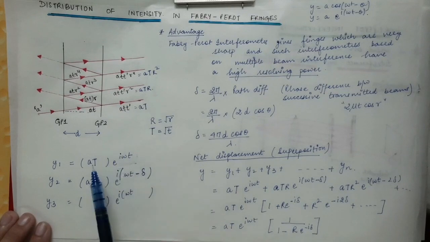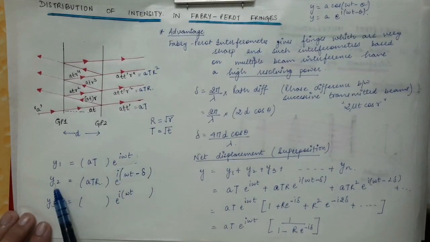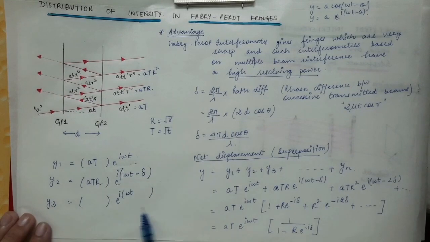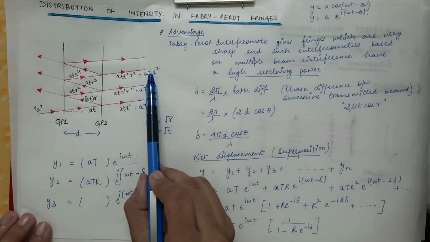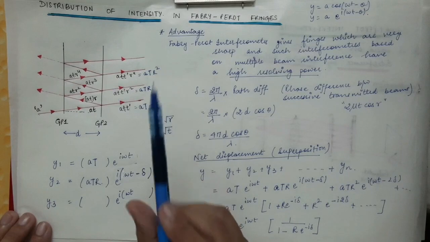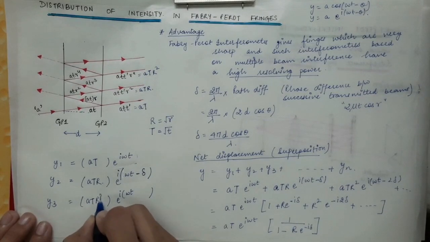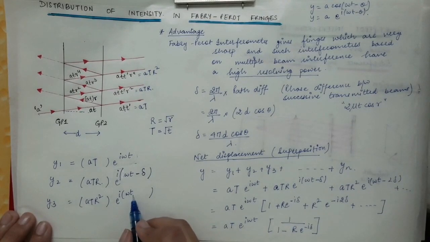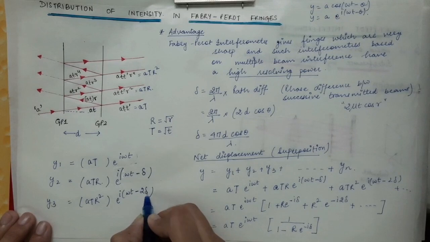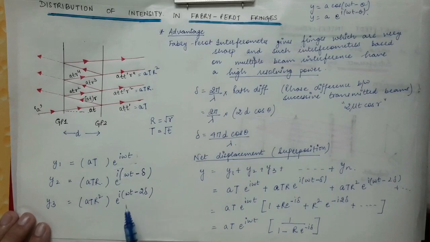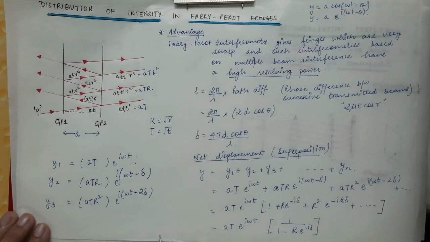The first transmitted ray had no phase. The second transmitted ray had a phase difference of delta. The third transmitted ray will have a phase difference of twice delta. So what will be the equation of the third transmitted ray? Its amplitude is ATR² times e^(iωt − 2δ). Similarly, the fourth transmitted ray will have an amplitude of ATR³ times e^(iωt − 3δ).